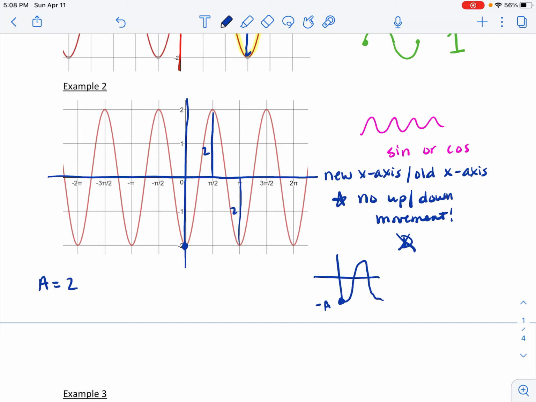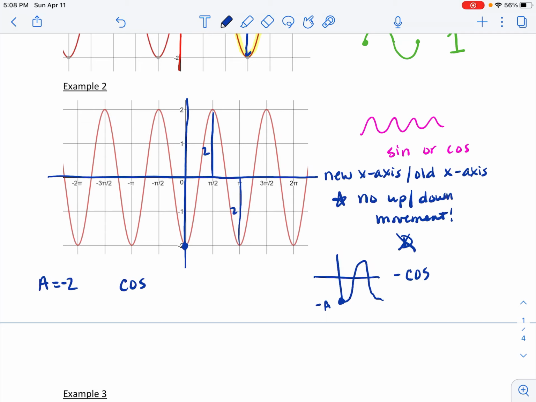Cosine is the one that's going to start, right, at an amplitude. So this is actually a cosine graph, okay? But because it starts at the negative amplitude, it's actually a negative cosine graph. Interesting, right? So this is going to be a cosine graph, and it's going to be negative. So I'm going to tag a little negative to the A. All right, so let's go ahead and keep putting this together.